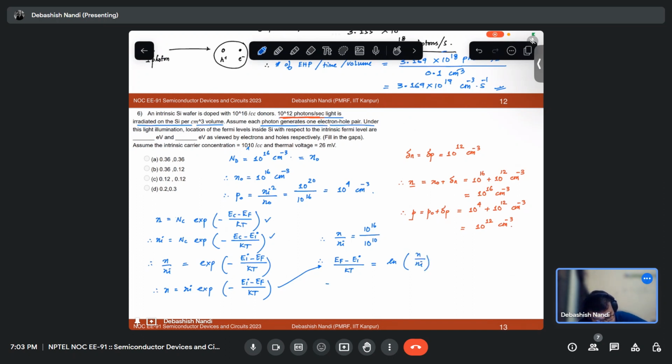So your EF minus EI would be KT ln N over Ni. KT was 0.026, that is 26 millivolt. So KT times ln of 10 to the power 16 over 10 to the power 10, if you calculate, comes out to be around 0.36 electron volt.